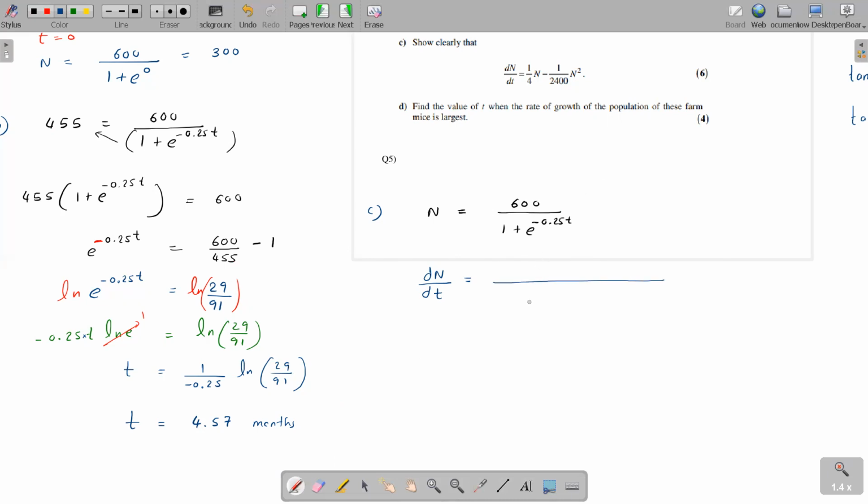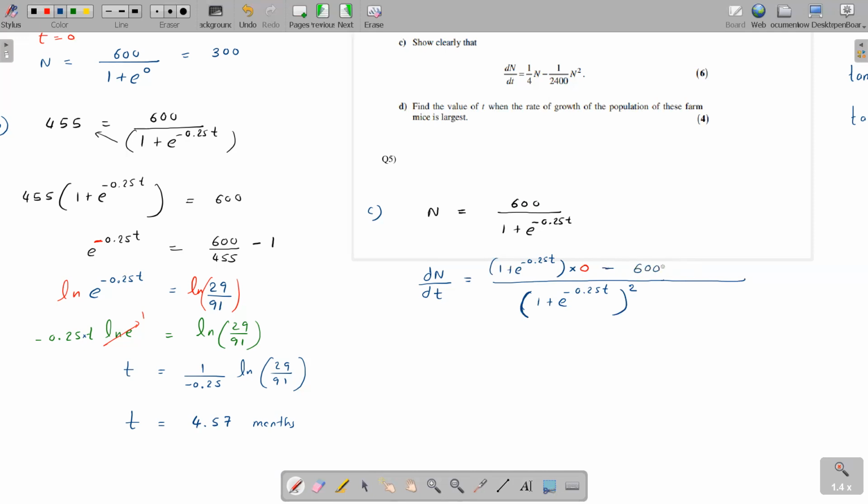I'll use quotient rule. So 1 plus e to the power negative 0.25t, whole thing squared, denominator squared, into denominator times differentiation of the numerator. So numerator is simply 600, and differentiation of 600 gives you 0. Then minus, it's a compulsory minus in the middle, numerator times differentiation of the denominator.